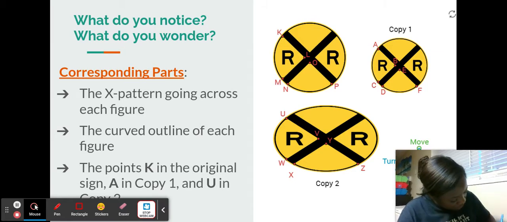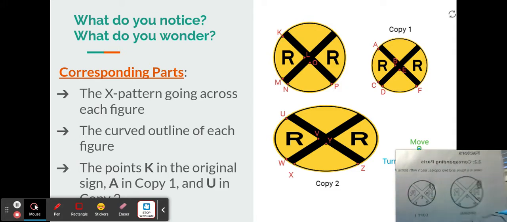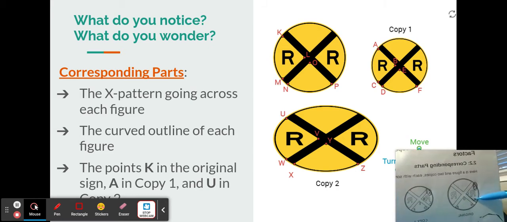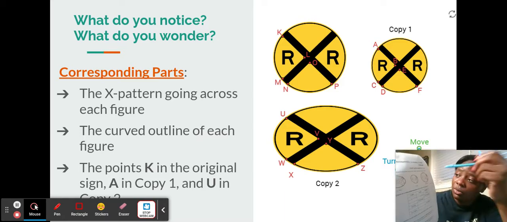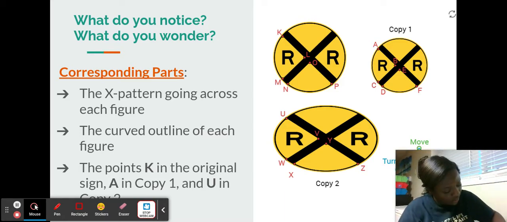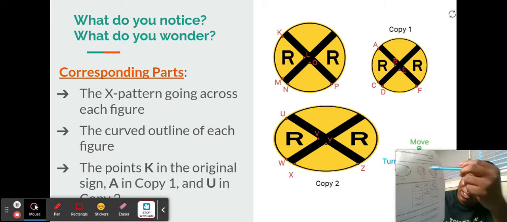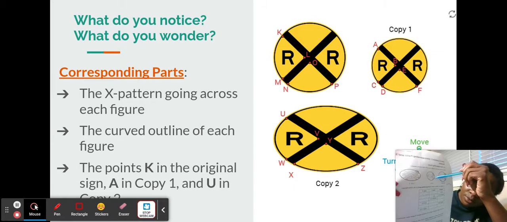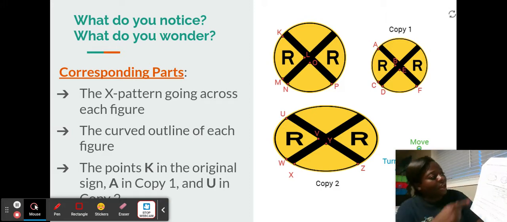So I'm going to take my pencil and draw a line through line segment LM, which is right there. So what segment will correspond with that exact same line? Well, in copy number 1, it looks like segment BC. That makes sense? LM is over here. BC is over here. You let me know what corresponds in copy number 2.